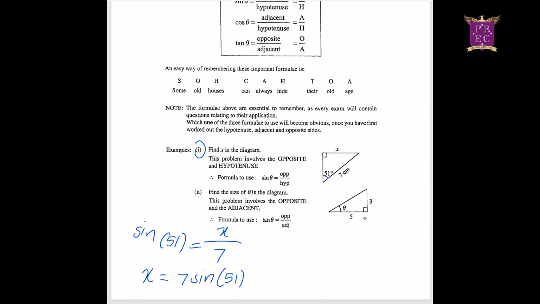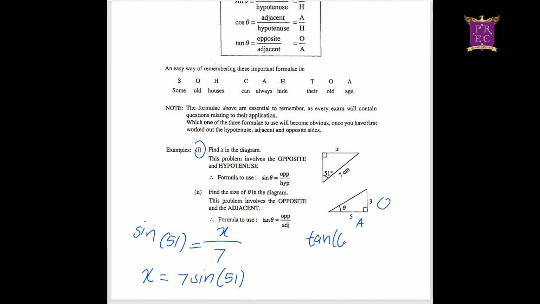Let's try this one. We've been given the adjacent because we know there's the reference angle and the right angle on the same side, and we've also been given the opposite, which is directly opposite to the reference angle. Okay, which ratio has opposite and adjacent? That would be tan, right? So we're using tan.